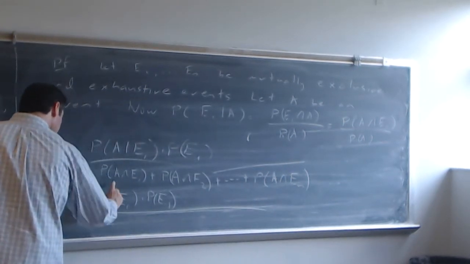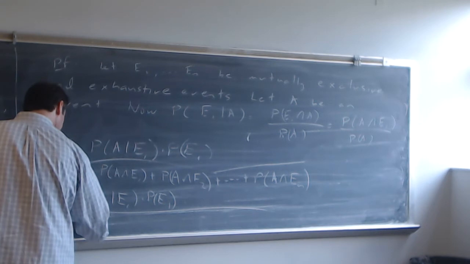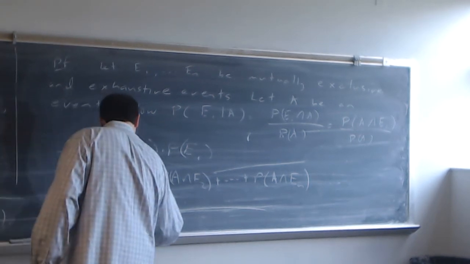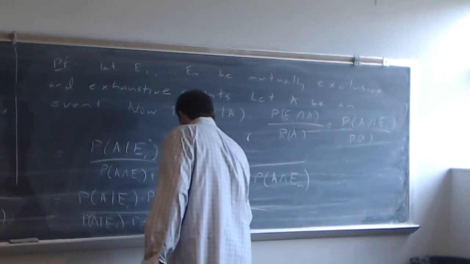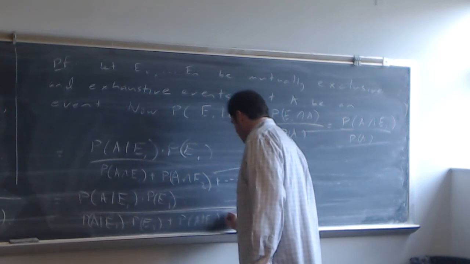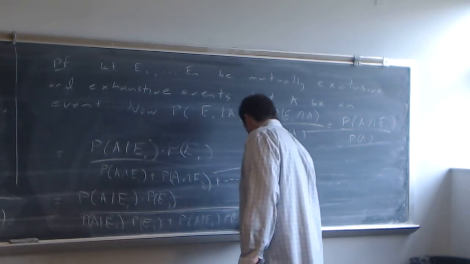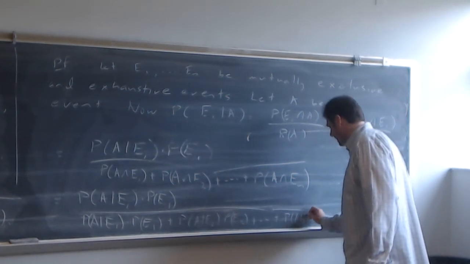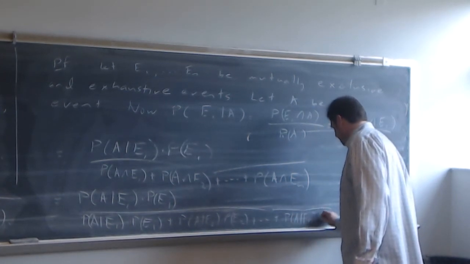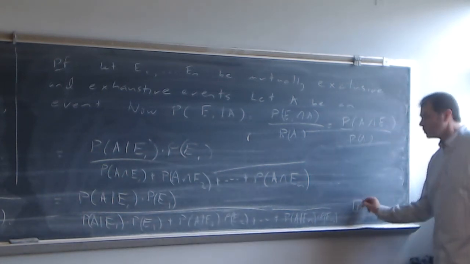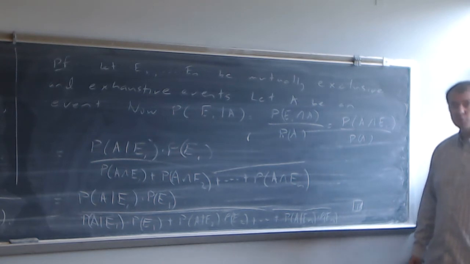So the bottom becomes the probability of A given E1 times the probability of E1 plus the probability of A given E2 times the probability of E2 plus, keep going all the way up to the probability of A given En times the probability of En. And that is indeed what we want to show. So that concludes the proof. It's a short proof.